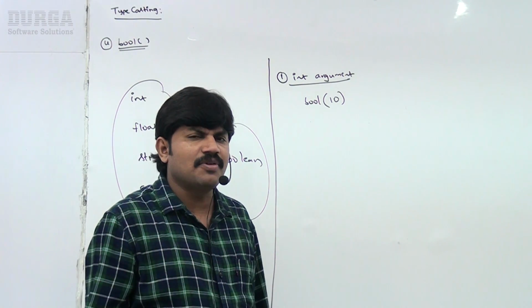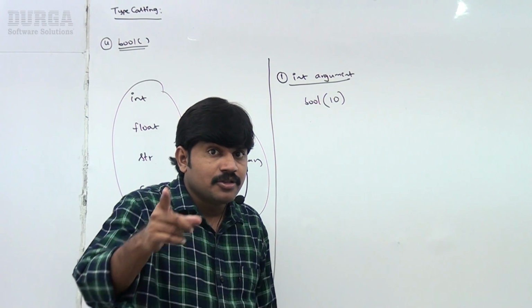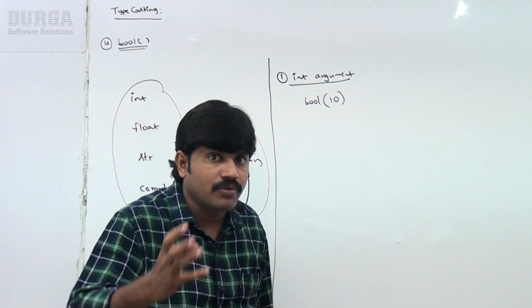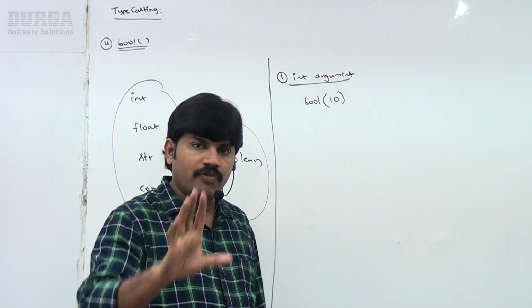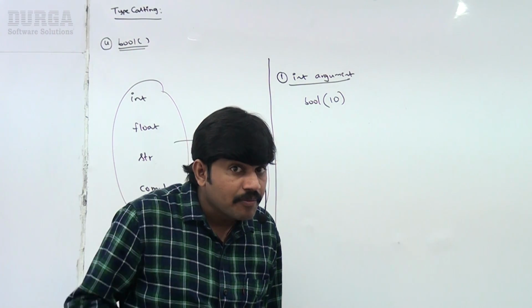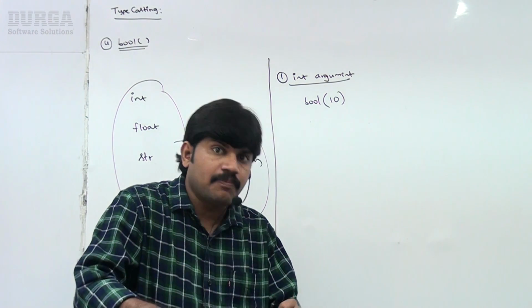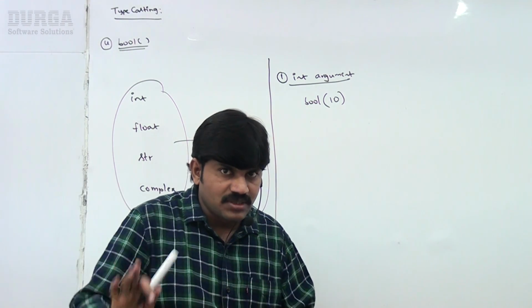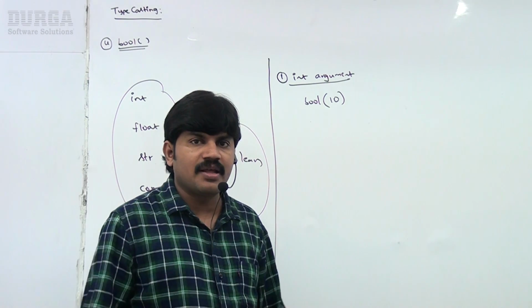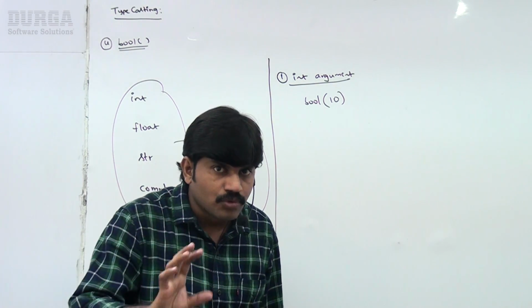Very simple, sir. If the argument value is 0, then false. Non-zero means true. Please make sure, whether it is int type, float type or complex type, this rule is always the same. If the argument is 0, it is always treated as false, otherwise it is treated as true.